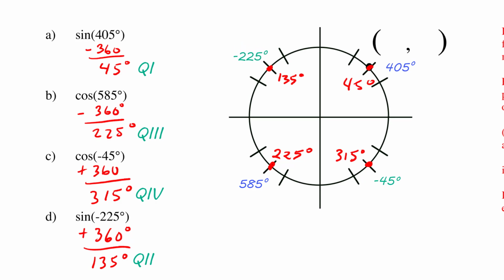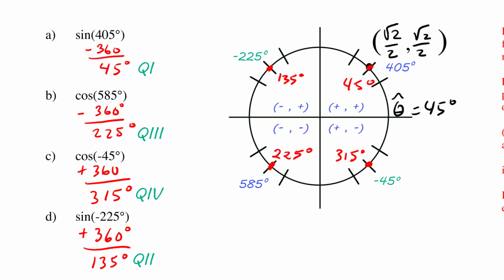Now, like I said before, we need only one ordered pair to represent all of those that are related to 45 degrees. If we just find it for 45 degrees, the ordered pair of radical 2 over 2, comma, radical 2 over 2, and knowing the positivity and negativity in each quadrant, we can answer each of these questions.